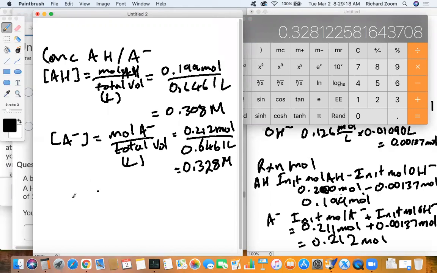Move this over a little bit. So the reaction that we're looking at now, but we're in the buffer solution, is this equilibrium.